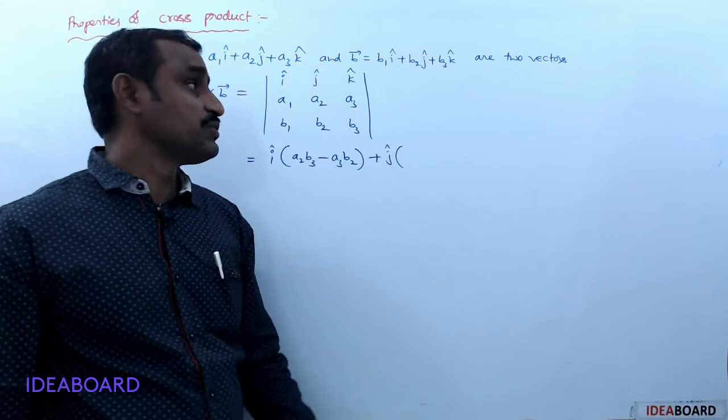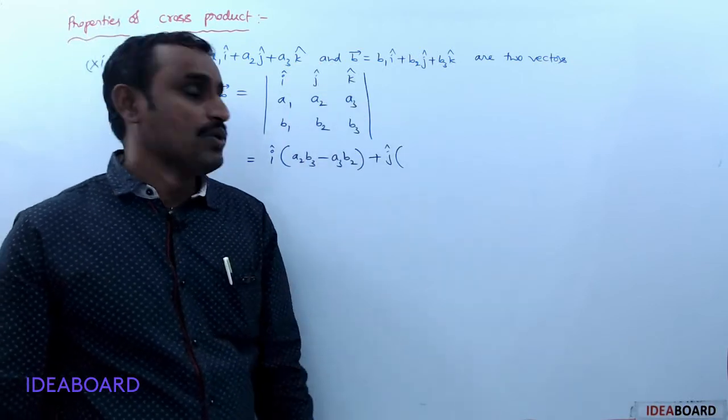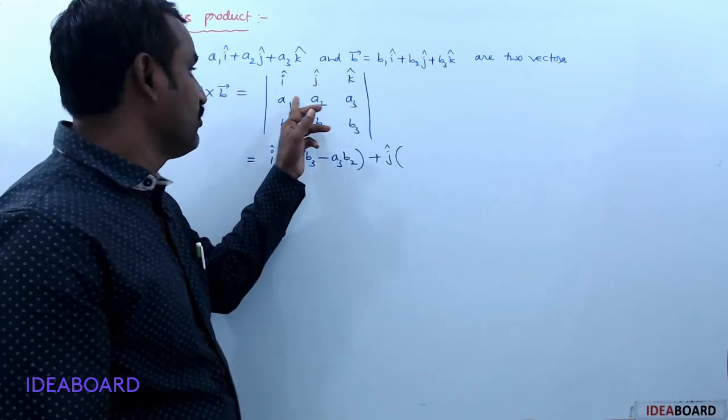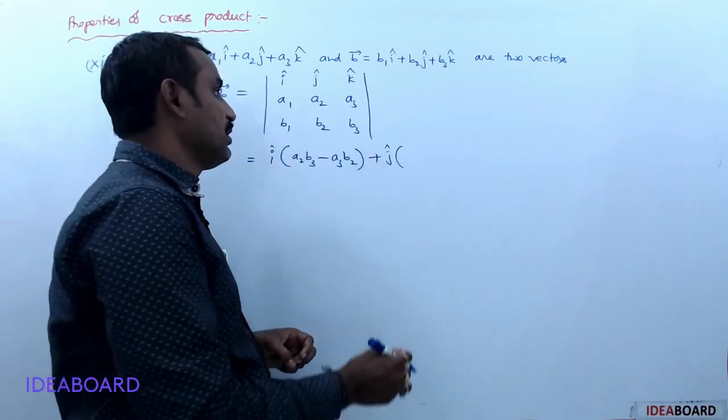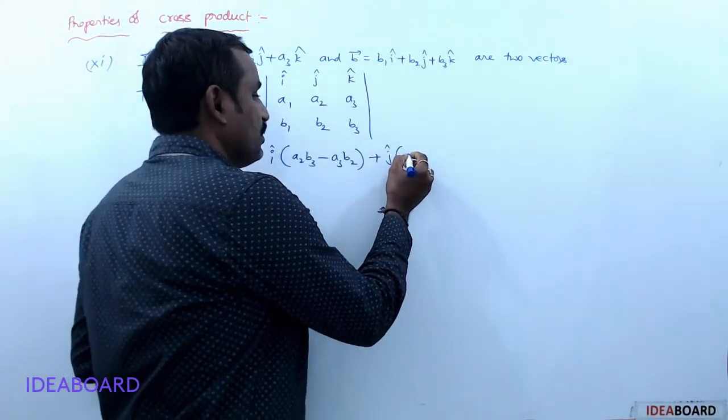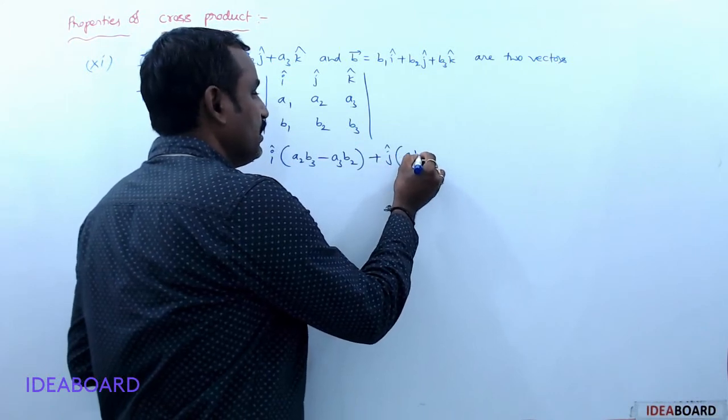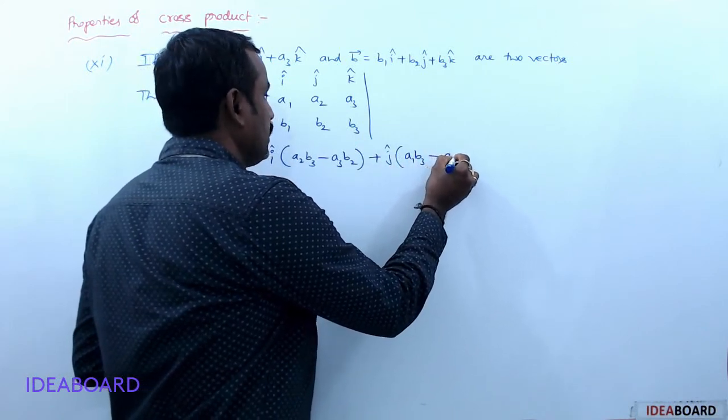That means we are expanding based on the first row. The remaining elements A1, A3, B1, B3, AD minus BC formula applied: A1 B3 minus A3 B1.